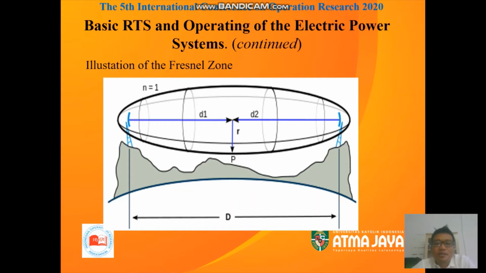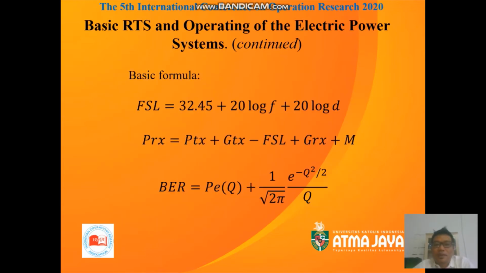Here, you know that there are two towers on the hill, and we put P exactly in the middle, and the distance between tower 1 and tower 2 is called D. The basic formula FSL, which stands for free space loss, equals 32.45 plus 20 log F plus 20 log D. The PRX, the receive power in dBm, equals PTX plus GTX minus FSL plus GRX plus M.